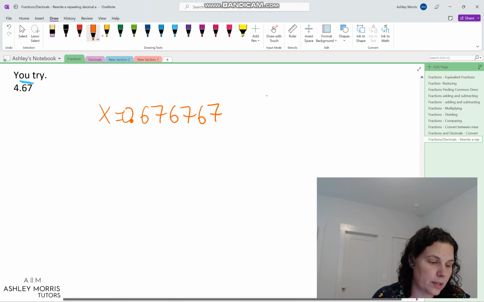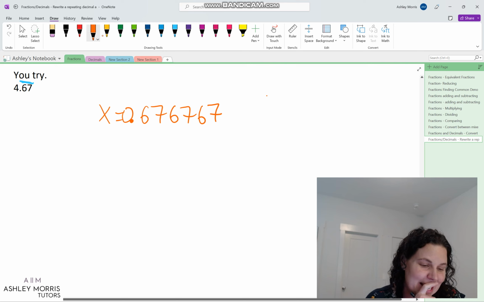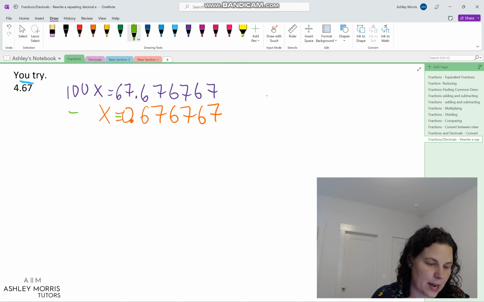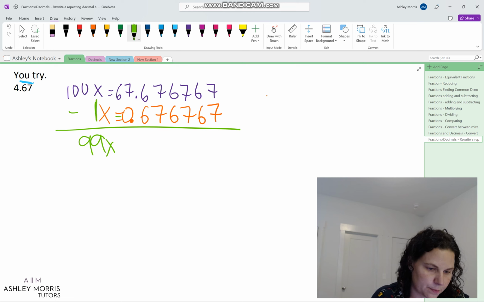And then we're going to do 10x would put just the 6 in front. 100x will put the 6 and the 7 in front. And then my 6s and my 7s all line up. So I can subtract. That'll give me 99x, because remember there's an invisible 1 right there. All of this cancels. It all lined up perfectly.